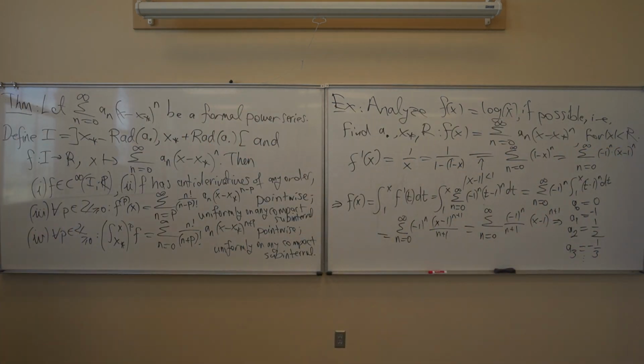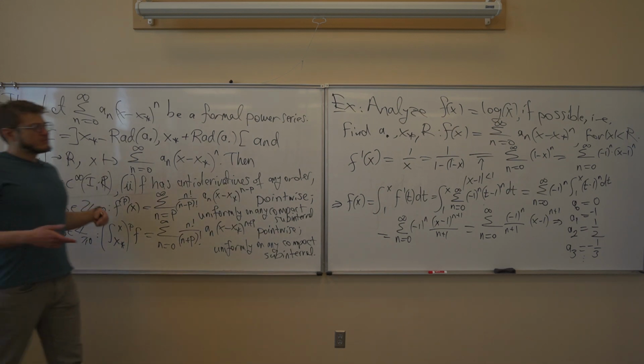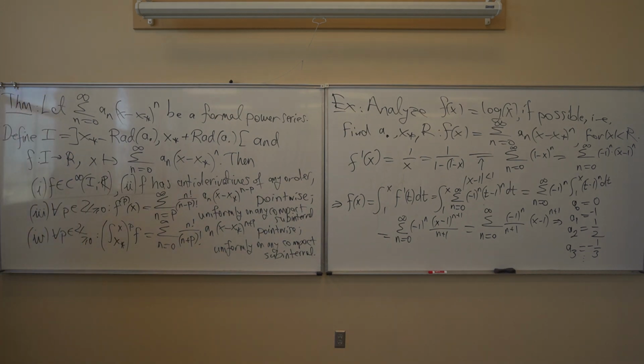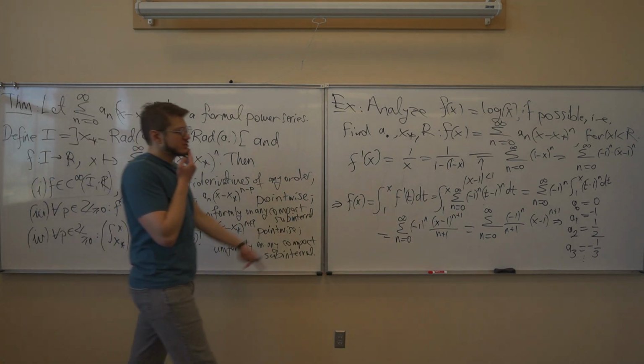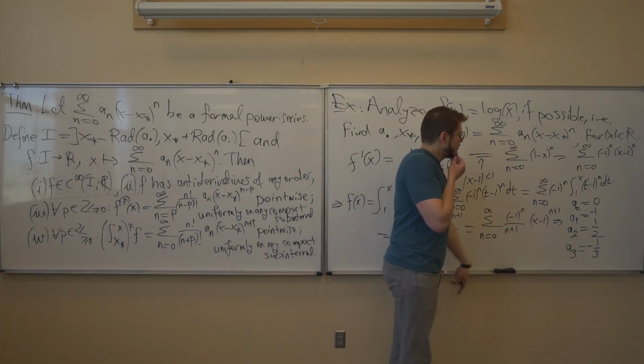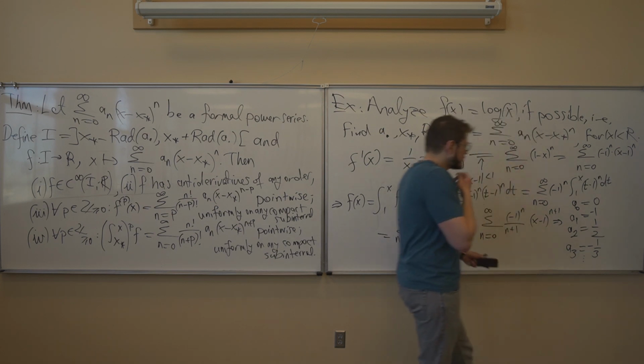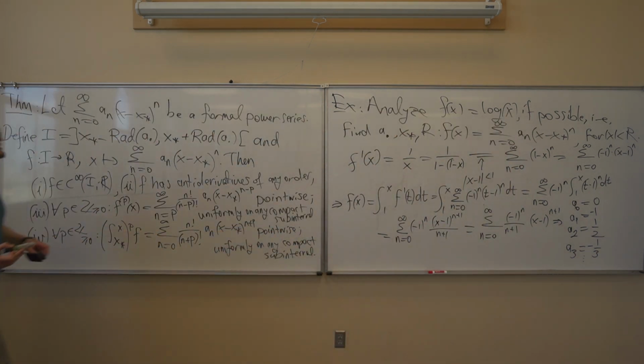So I was able to completely analyze log of x, and I was able to decompose it into a sum of polynomials. And of course, I don't need to go all the way to infinity. I can just cut it off at, let's say, n equals 4, perhaps.